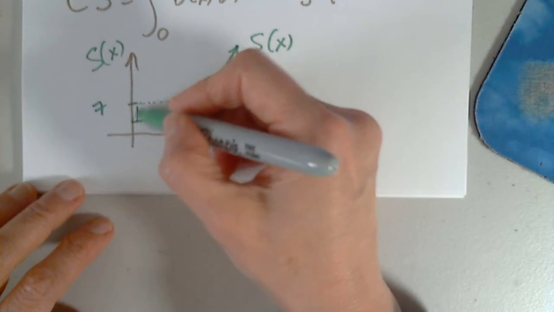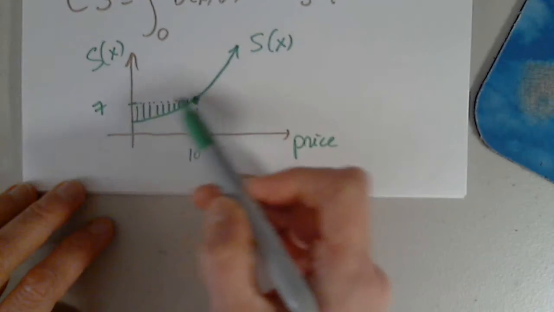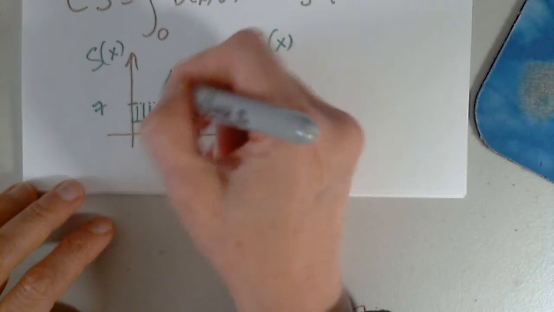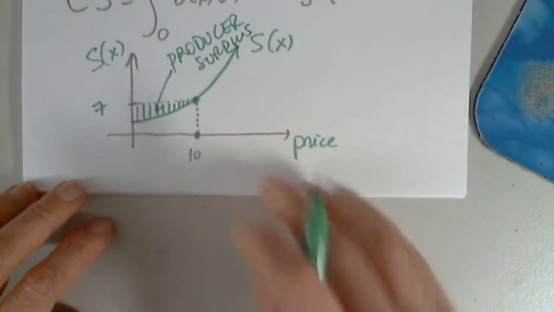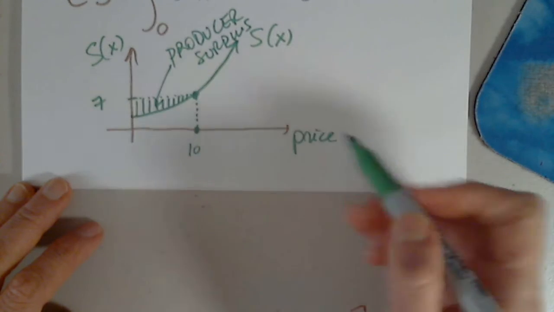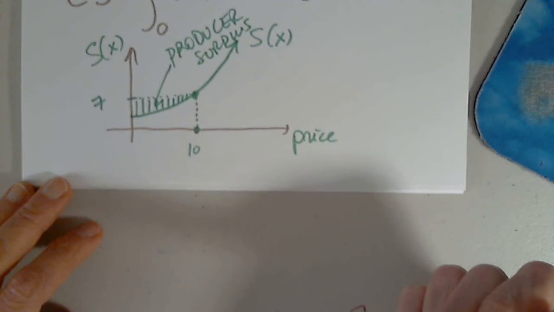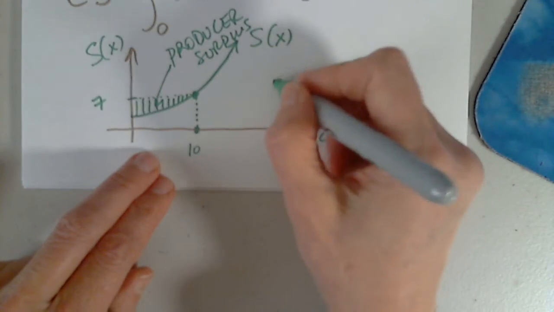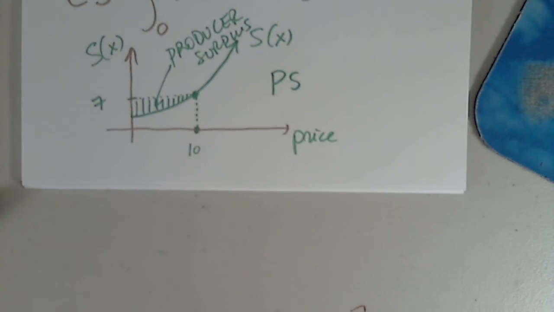And this piece now, above the curve, but not beyond the rectangle, is what is called the producer surplus. It is what they get extra for selling us 7 units at $10 per unit. How do I determine the producer surplus? It's the other way.